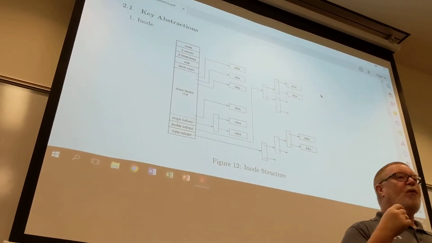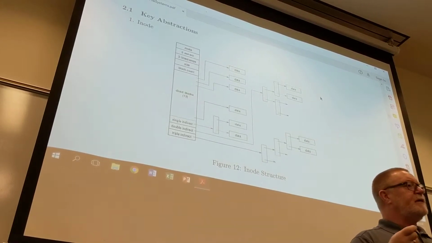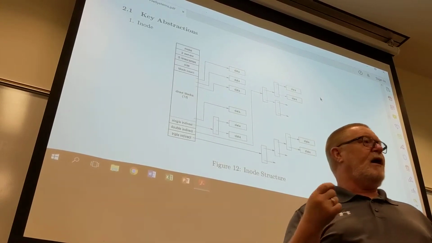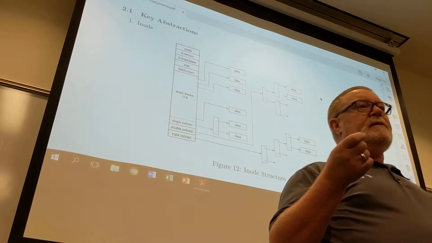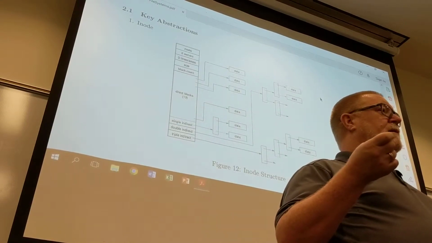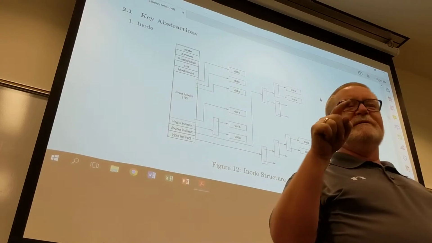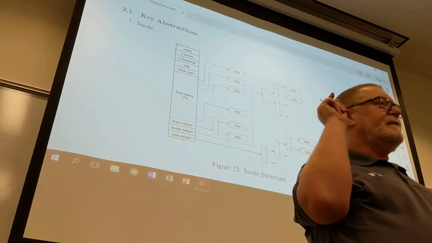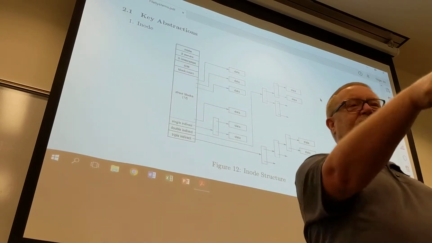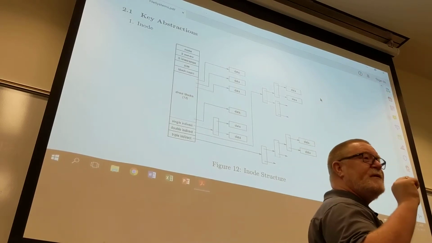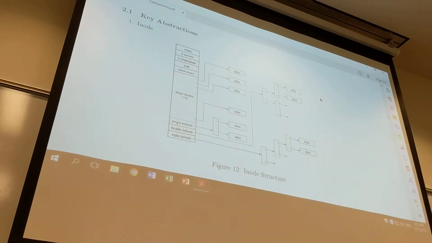All right. How many pointers can I put? How many 32-bit pointers can I put in a 4K block? 4K divided by 4 is 1K. A lot of times people say 1,000. A K is 1,000 everywhere but computer science.